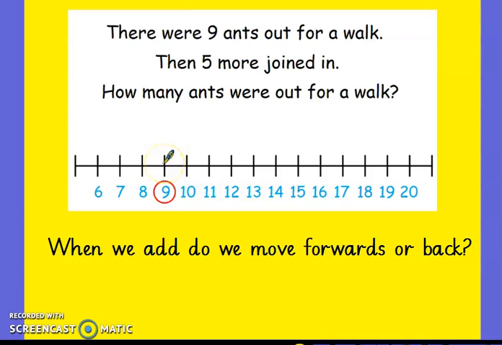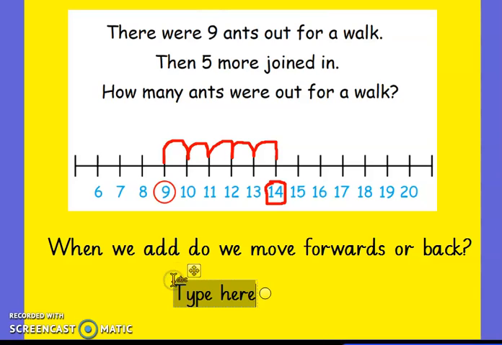Okay, so we're starting on 9. 1, 2, 3, 4, 5 jumps on our number line takes us to number 14. So if we're writing that as a number sentence, we've got 9 and we jumped forward.